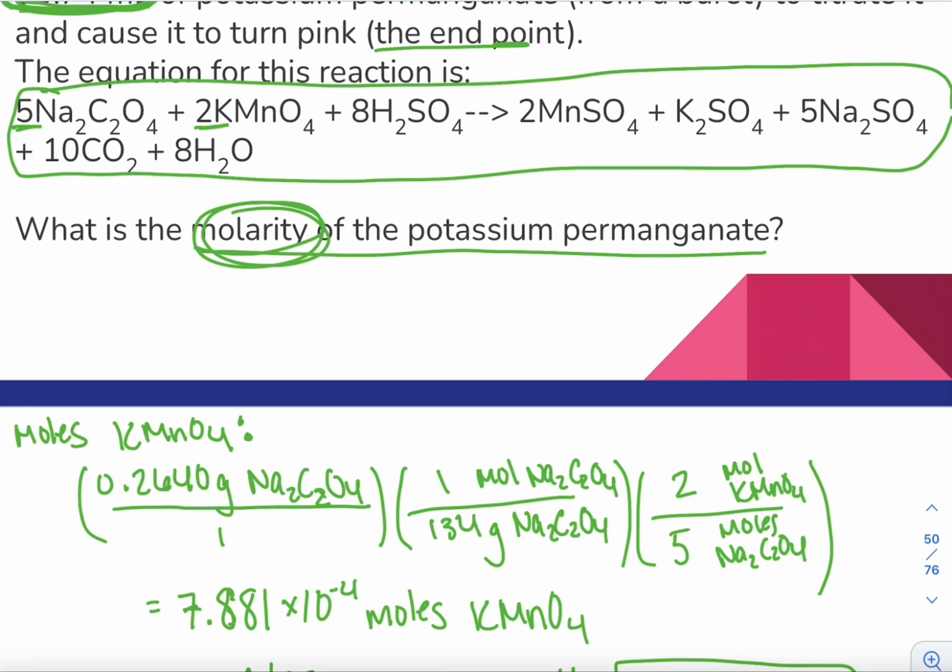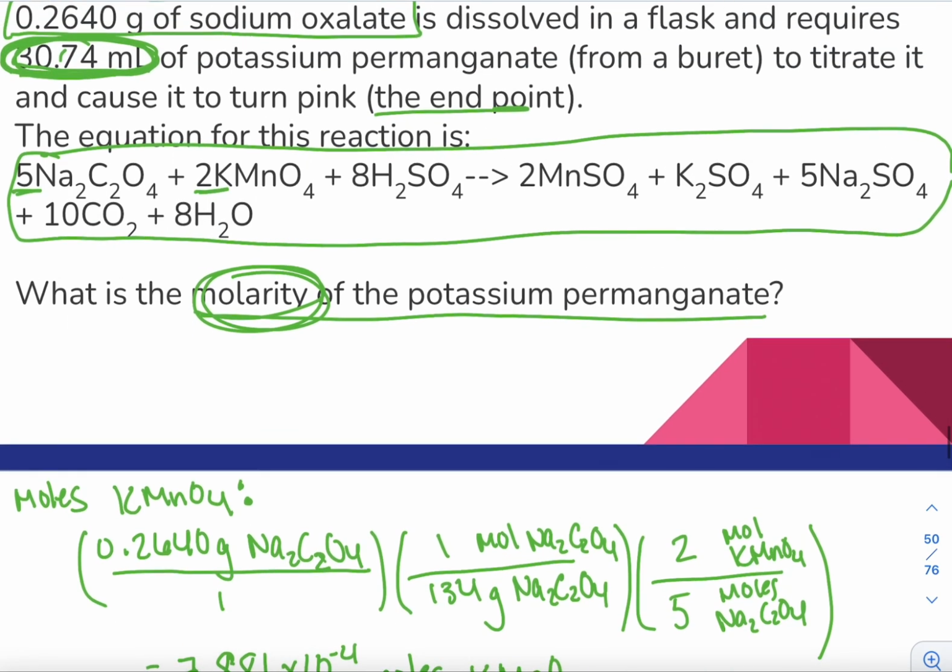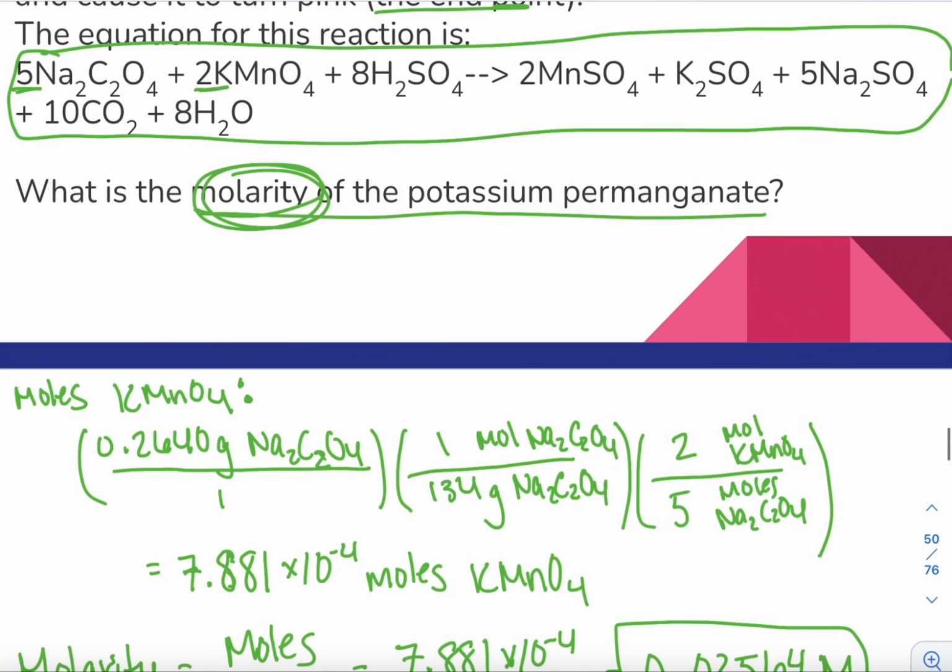Okay, because we know that that's what the mole ratio is all about. We can use that information. So that's how I was able to use that to get the moles that were in that 30.74 milliliters, because we knew that we had the exact right amount. And that's what titration is all about again. So all that we're doing here is a stoichiometry problem. We're just adding some lab stuff into it.